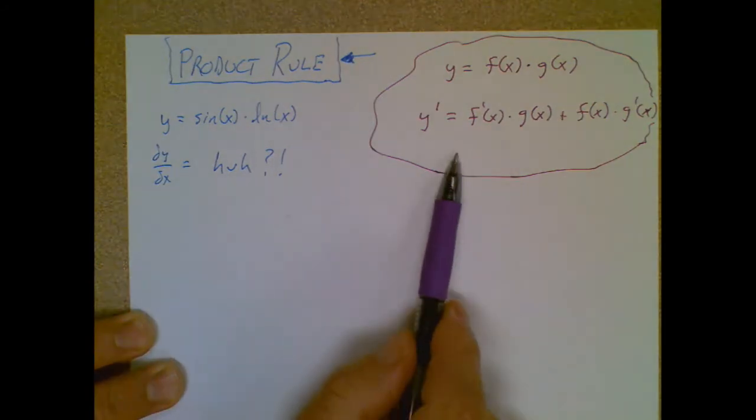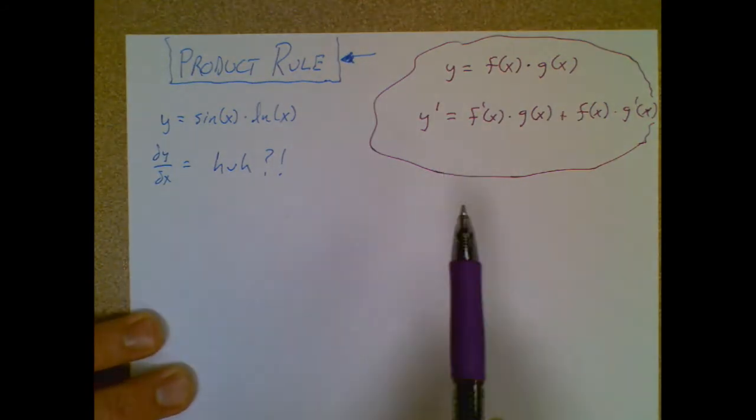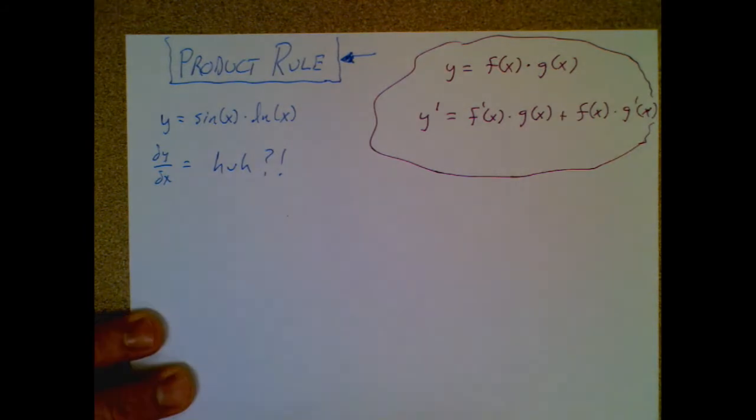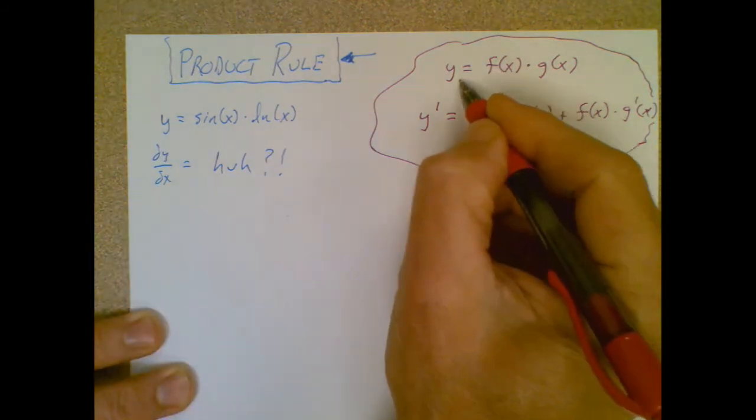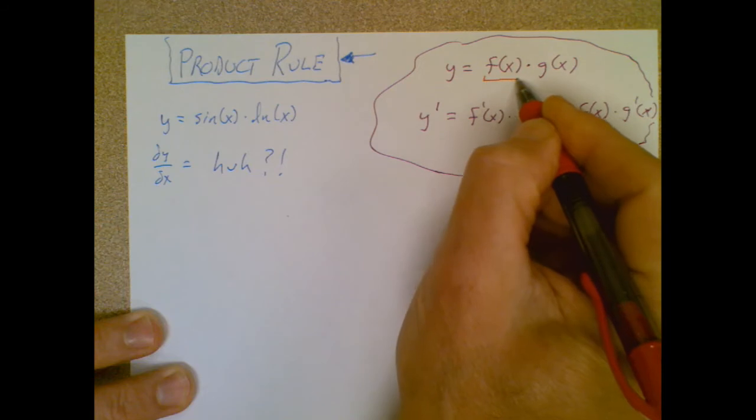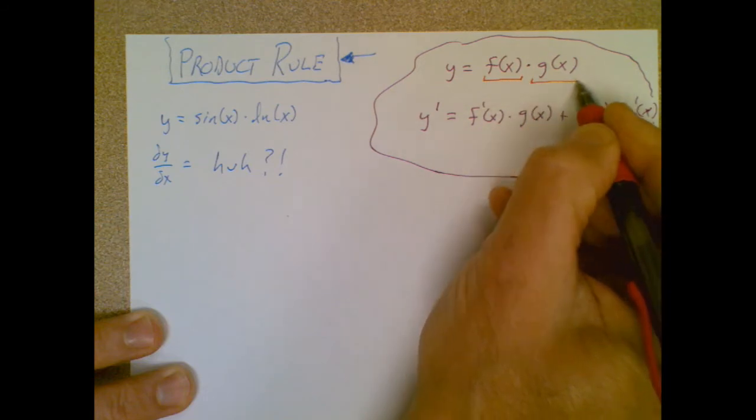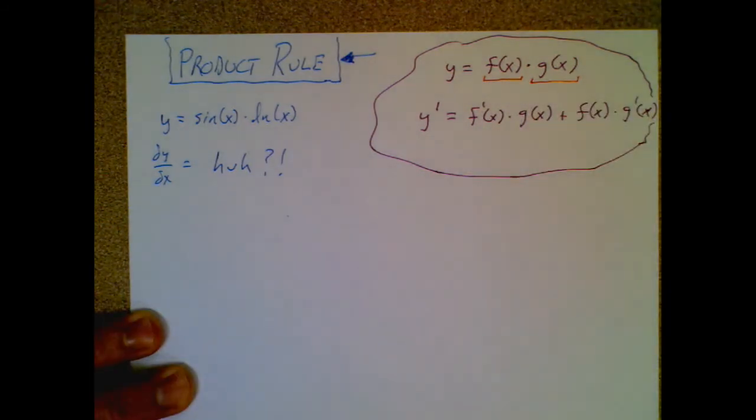And now over here in the purple, you see the product rule. And you don't like what you're looking at because it's math symbolism and people have a natural aversion to math symbolism, but we're going to fix that by doing a couple of examples. But the big overview is this. If my function can be thought of as two functions multiplied by each other, then I get to follow this pattern.